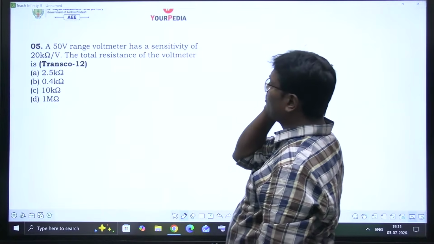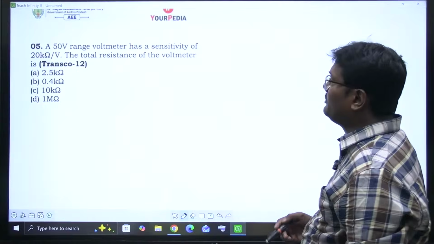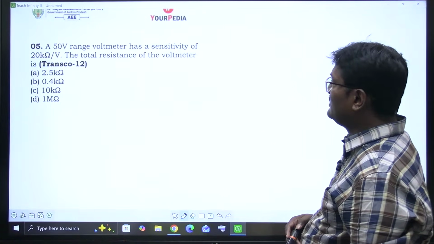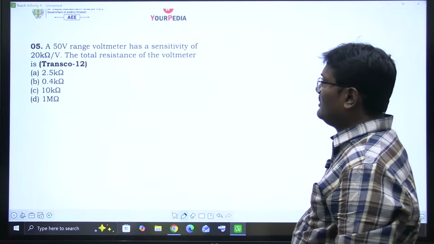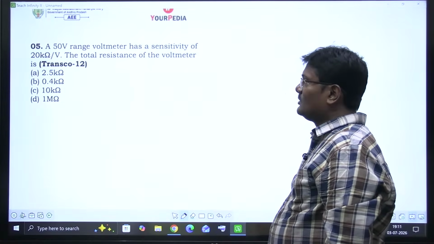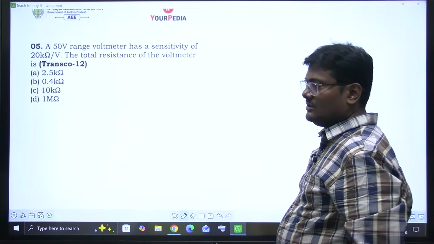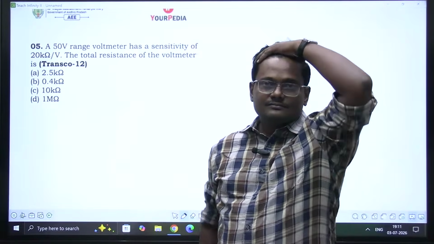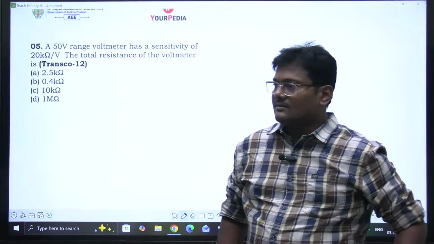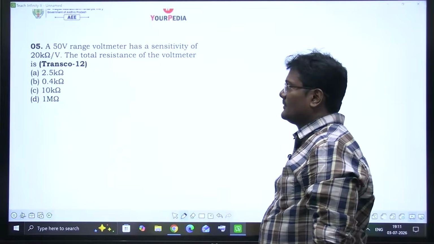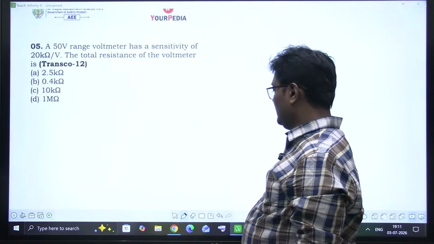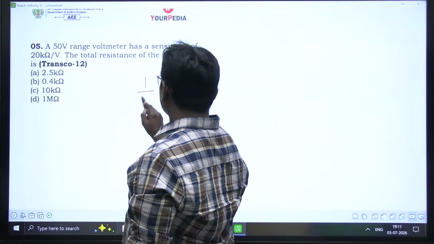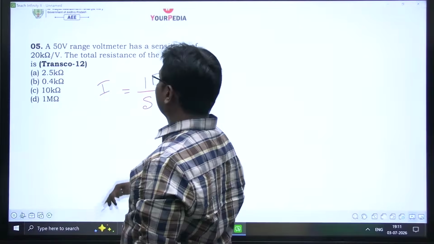A 50 volts range voltmeter has a sensitivity of 20 kilo ohms per volt. The total resistance of the voltmeter, just solve it. 1 by sensitivity is equal to current.